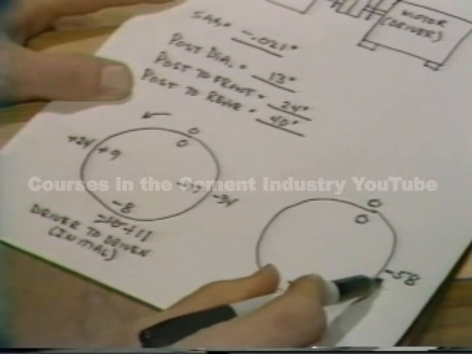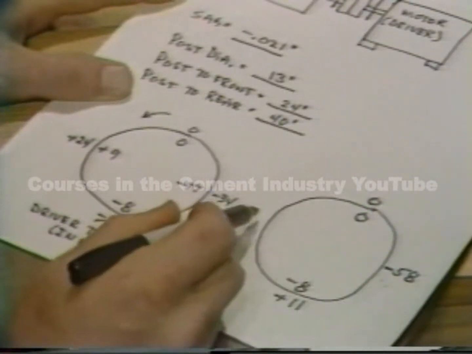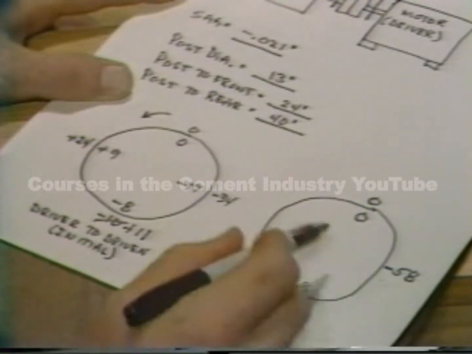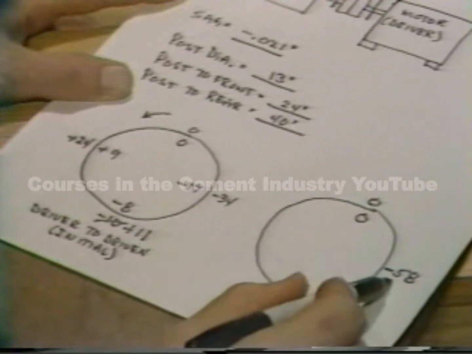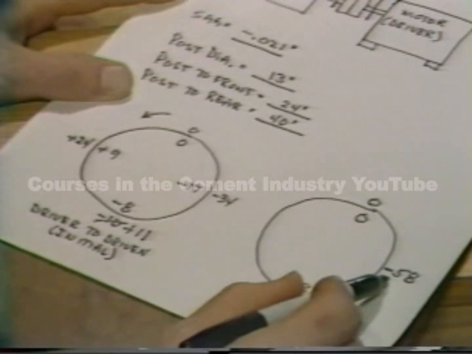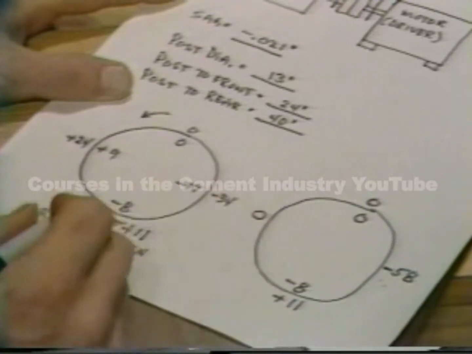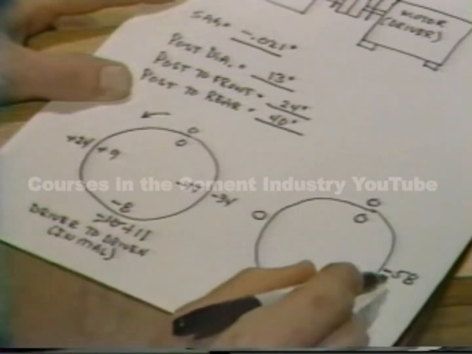What does this mean? Well, it means that the dial moved a total of 58 thousandths of an inch in the negative direction from here to here. So it's the same as calling the starting point 0 and the other side negative 58.